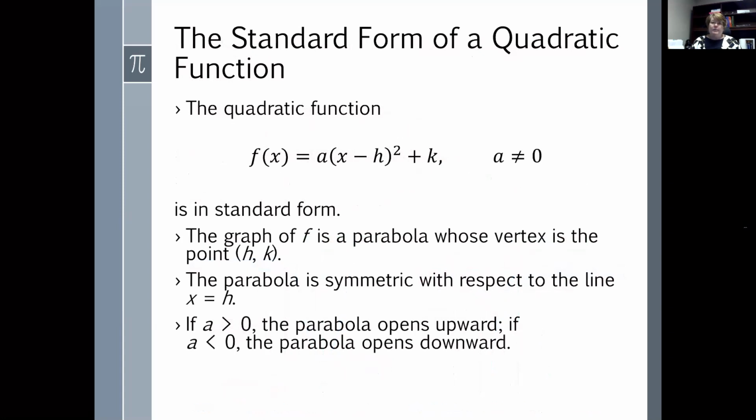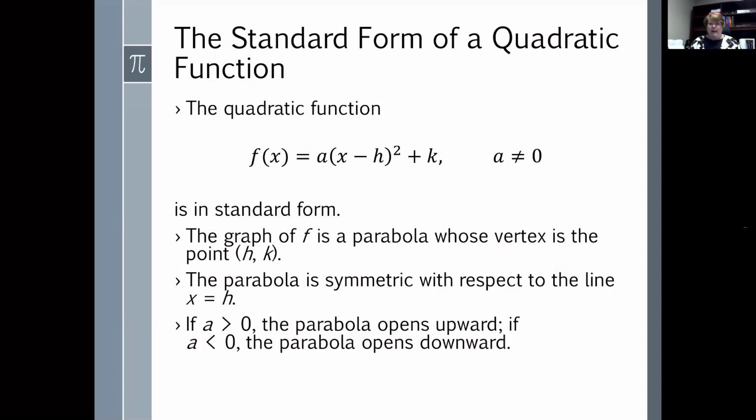I can look at the equation of the quadratic function when it's in this form, and I can determine the vertex of that parabola. The first coordinate of that vertex, h, is the number I'm subtracting from x. The number k, what I'm adding to the output, is the vertical shift.